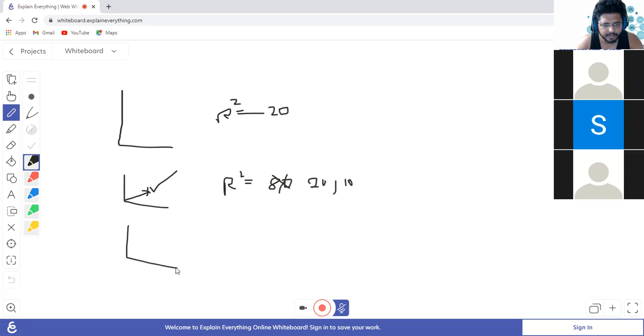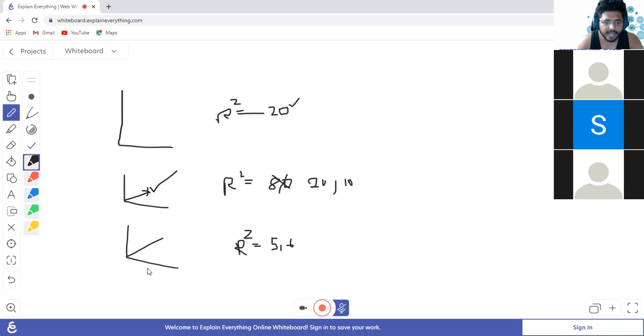This can happen, right? Suppose I used mouse weight, mouse length, and room temperature. Room temperature has nothing to do with mouse weight and mouse length, but still I added that as a parameter. There, R square will not be a large value. It will be somewhere around 5 or 6, which will be less than before.